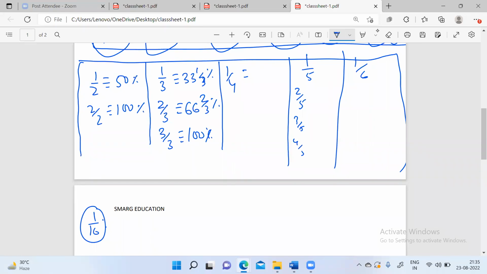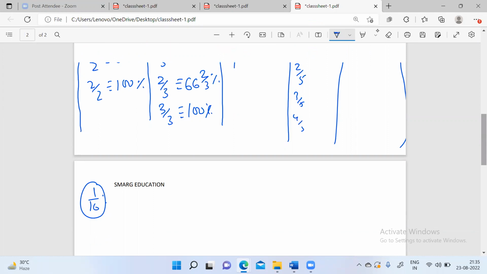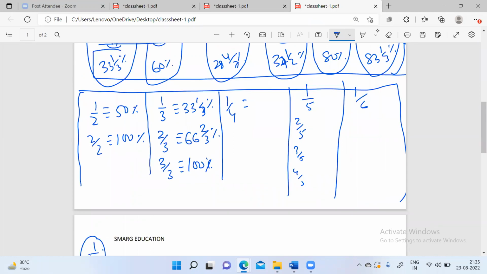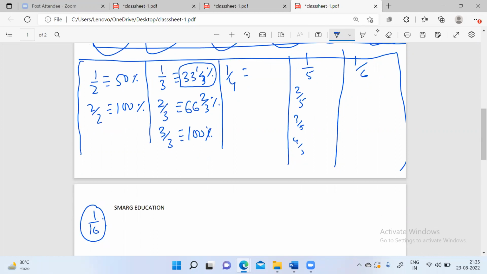Sir, I have a question. Tell me. 33 1/3 stands for 33.33%, so why don't we prefer to write 33.33? There is just one reason here. If I add 3 times 33 1/3, it should be equal to 100.